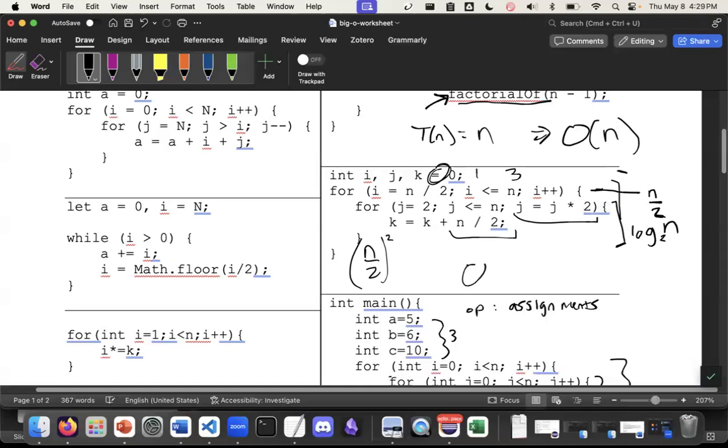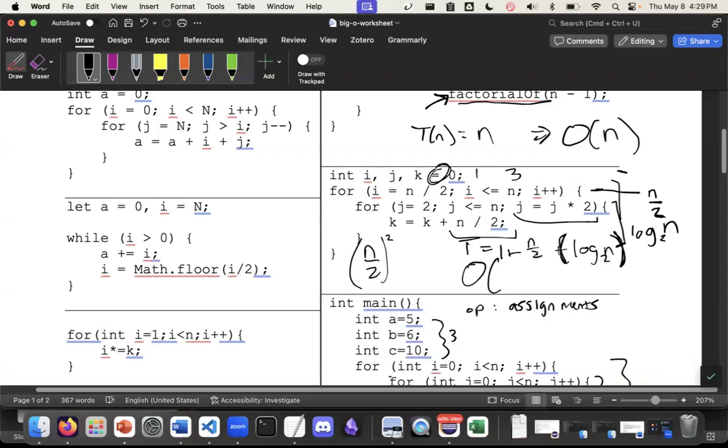And so when we go to write our big O, we have n over 2, maybe a 1 at the beginning. So what's the T? I think it's probably this, or n over 2 times log base 2 of n. Right.